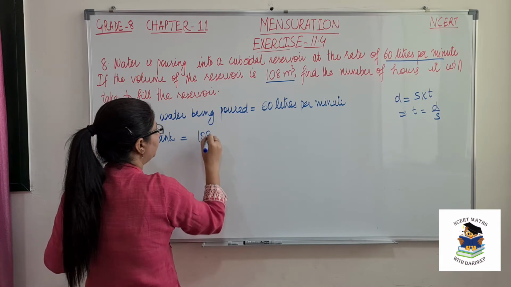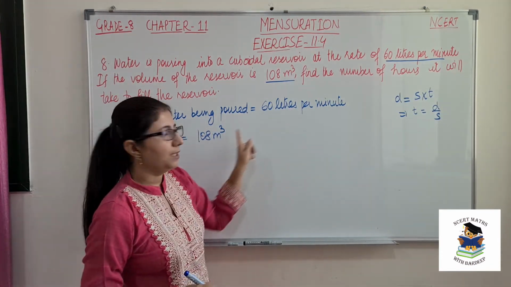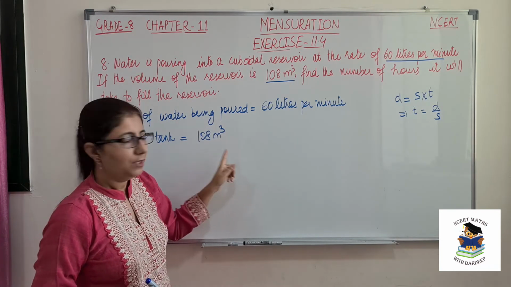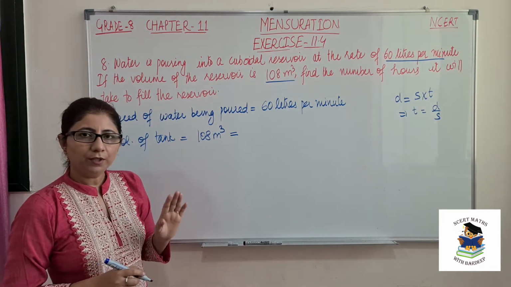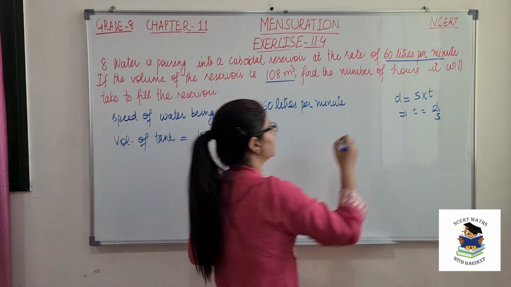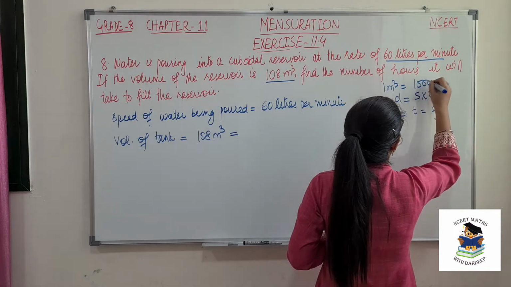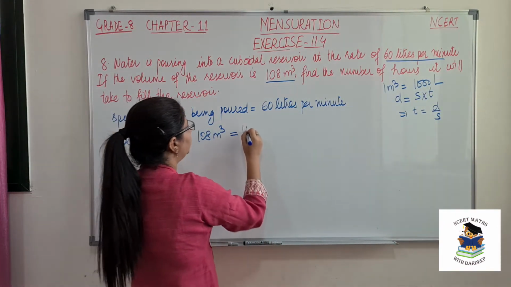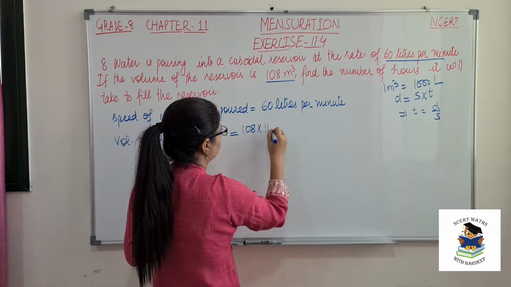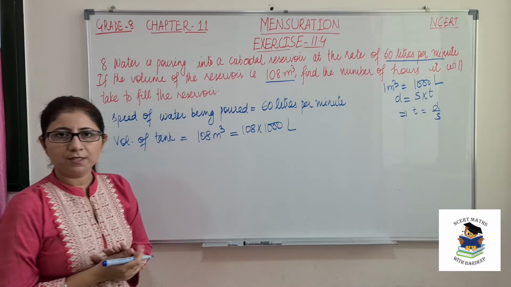This is 108 meter cube. See, units are not same. So first make it same. Okay. So what is the conversion factor? 1 meter cube is equal to 1000 liters. So means we should multiply this with 1000 and this will be in liters then.